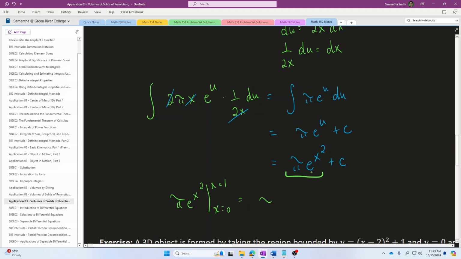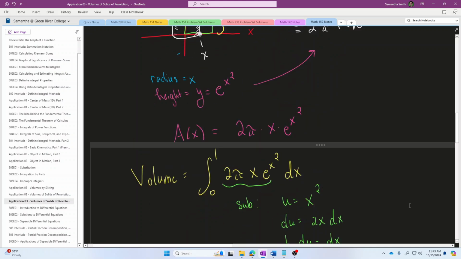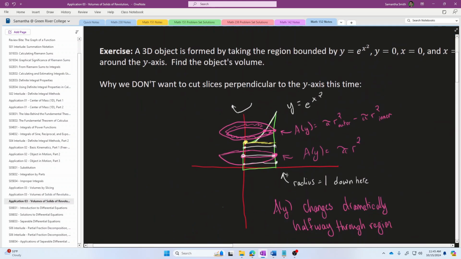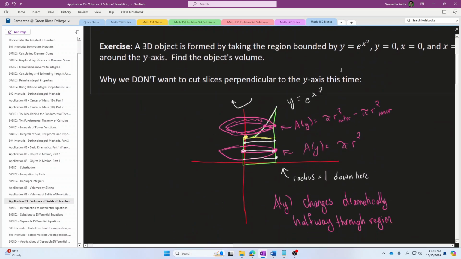All I have to do is plug in the two limits of integration and subtract, and I get this result. Pi times e minus pi is the exact volume of the object that is indicated by this exercise.